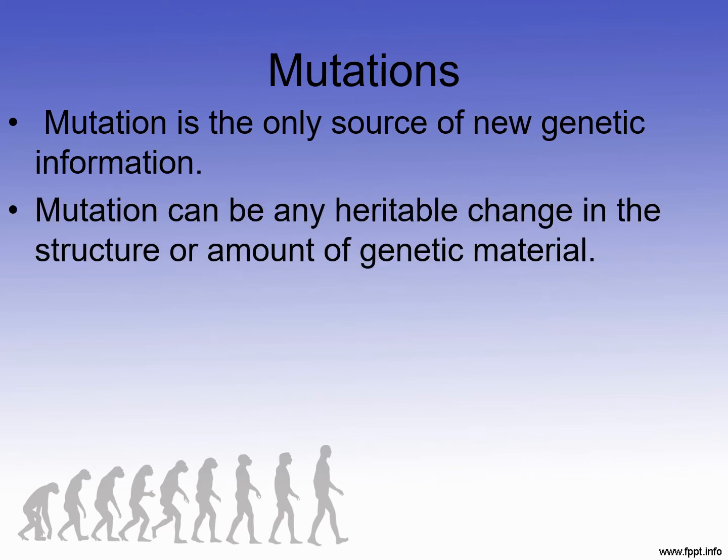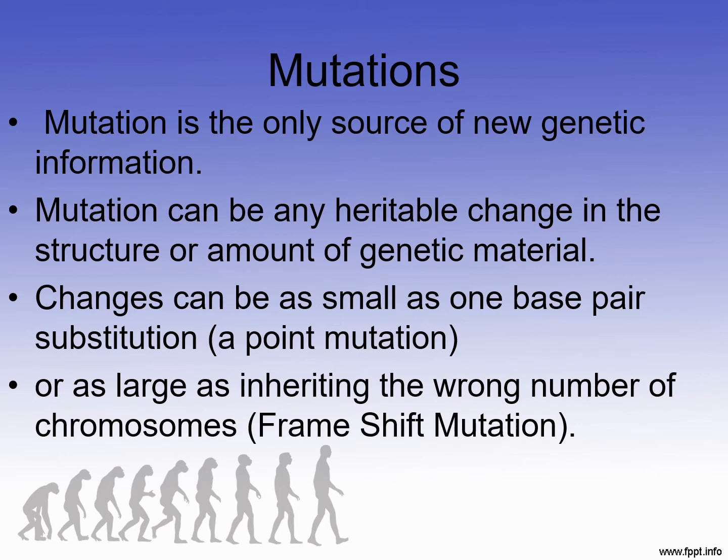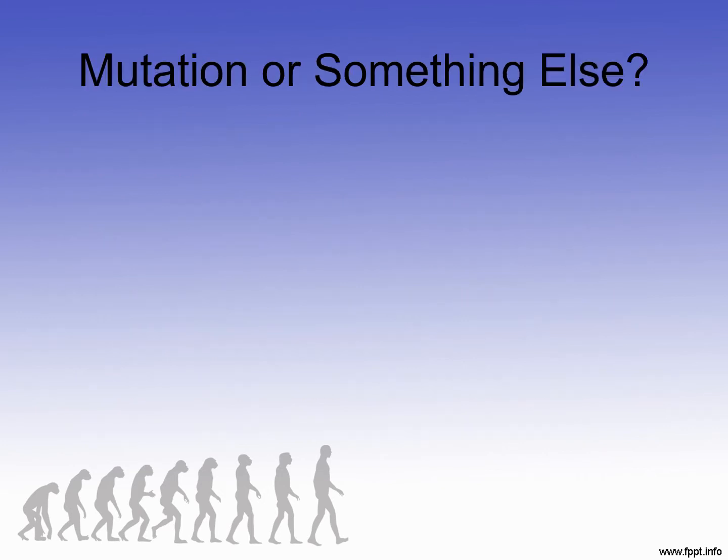A mutation can be any heritable change in the structure or amount of DNA or genetic material. Changes can be as small as one base pair substitution, which is called a point mutation, or they can be as large as inheriting the wrong number of chromosomes, also known as a frame shift mutation.